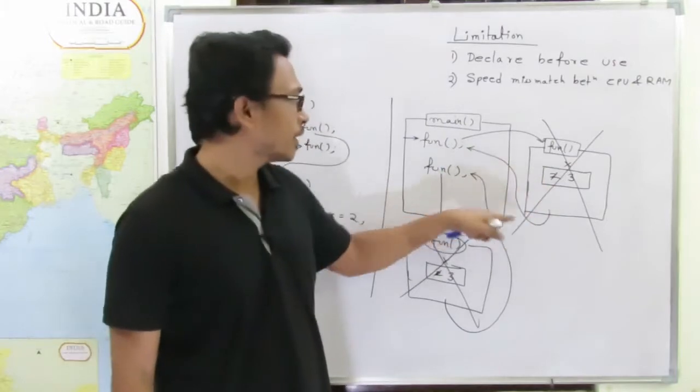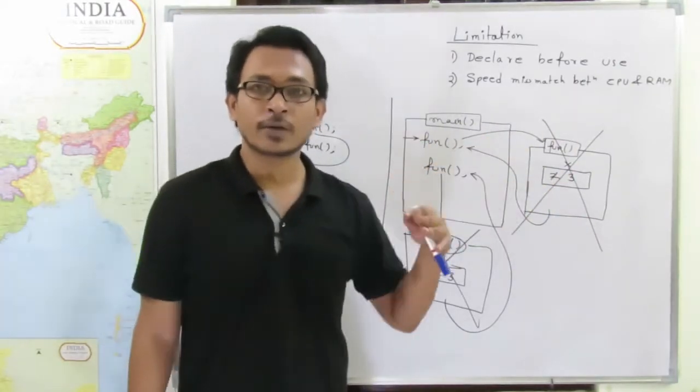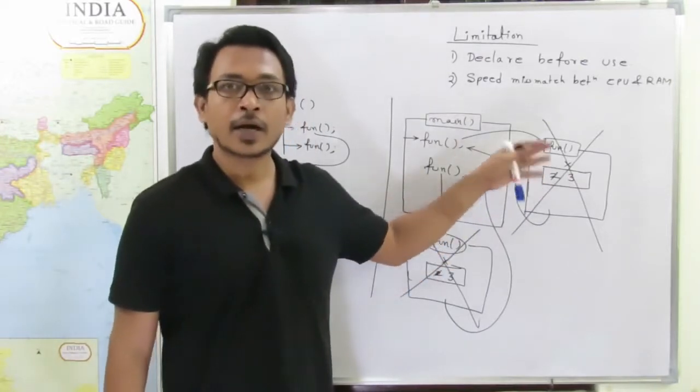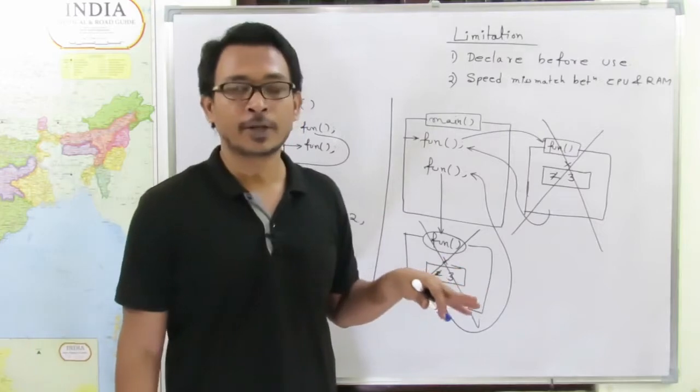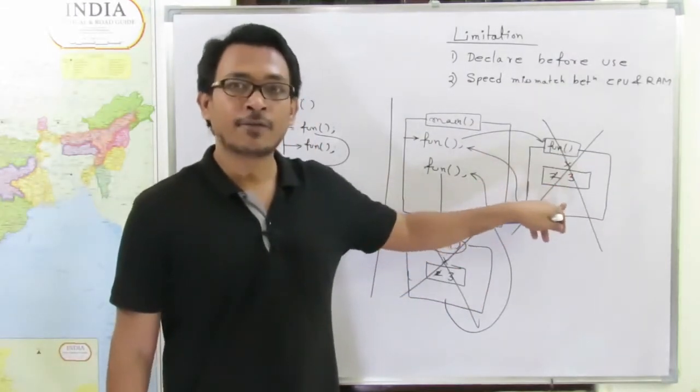And when come out from this function, system deallocate all the memory. That means all the variables that already used in this execution are already removed from the memory. Now no longer any value is available in fun function.